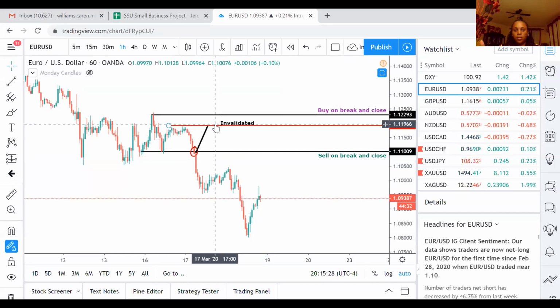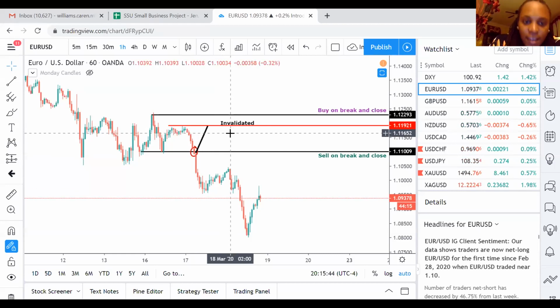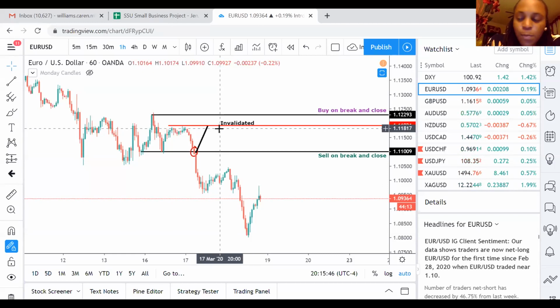Everybody following? I know it's a bit technical, but I want you to understand why I choose this particular area for a stop loss. Please make sure you're taking notes. The stop loss, if you're selling the trade, is your last mountain top.